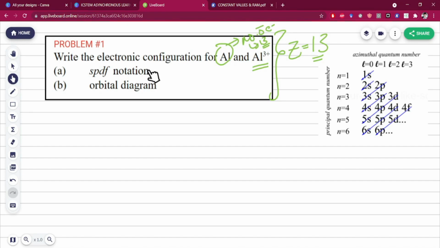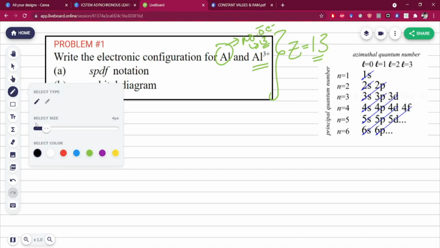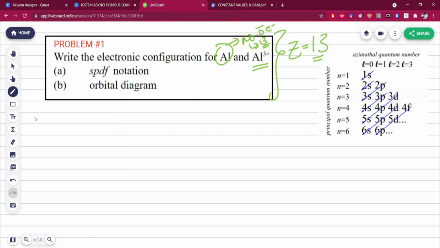We're going to start with the SPDF notation. For aluminium, we're going to start with 1s first. So 1s2, you have 2 electrons in 1s. Then you go to 2s, 2s2. That is 4 electrons.